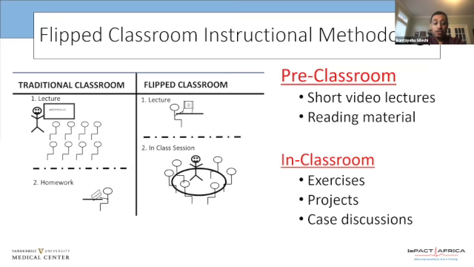So another instructional methodology we talked about was the flipped classroom model. And this picture gives us a very clear idea of what it's about. Traditionally, people have lectures first, and then we'll go do homework.